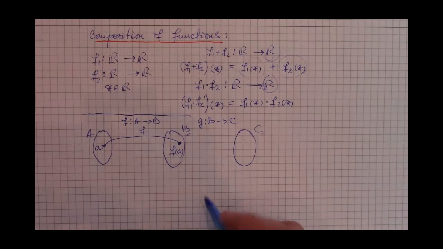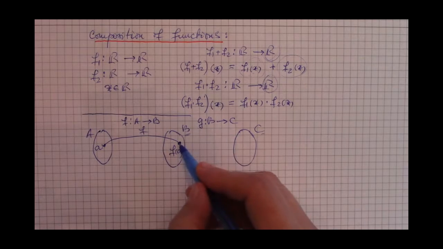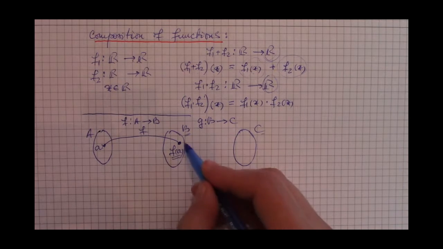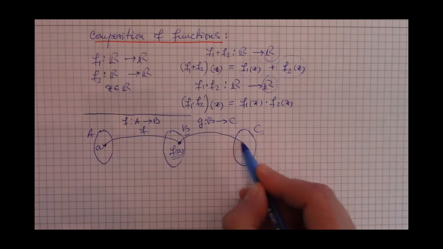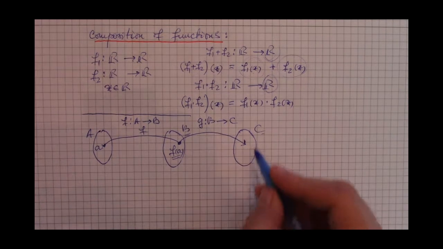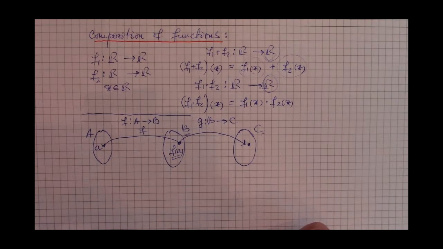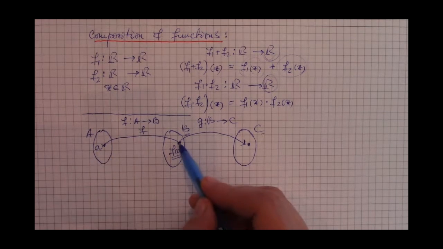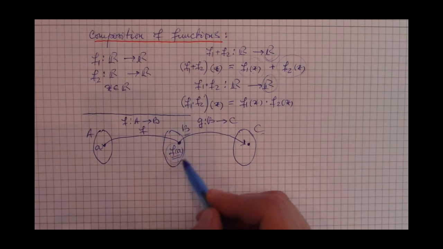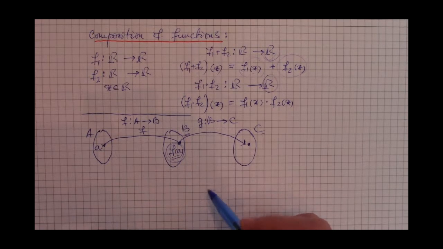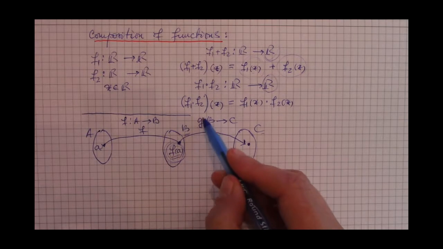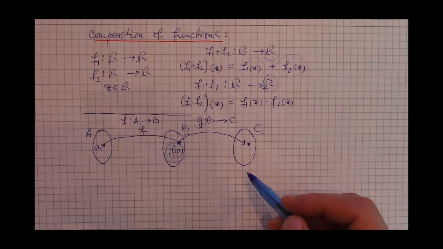Now this function g knows what to do with this point f of a. So this point here gets mapped to a point in C. So a got mapped into a point that we called f of a. Now this point f of a gets mapped by g into this point. How should we call this point?